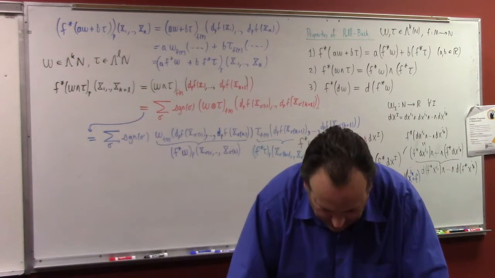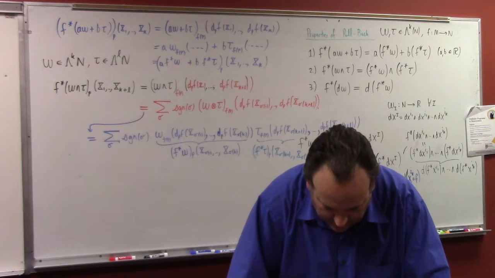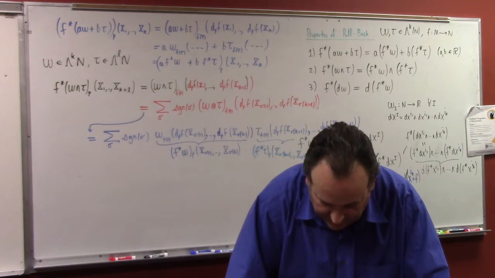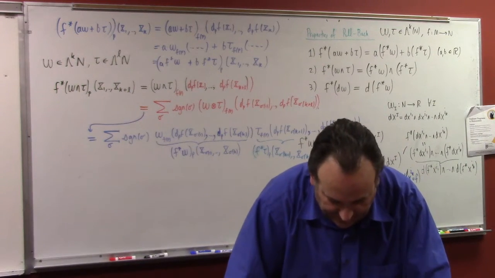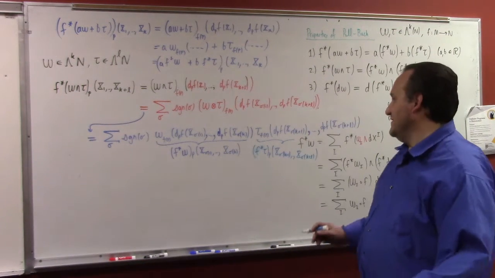Are we supposed to have a product? Well, yeah, this is literally just a product of numbers here, but it's completely anti-symmetrized.